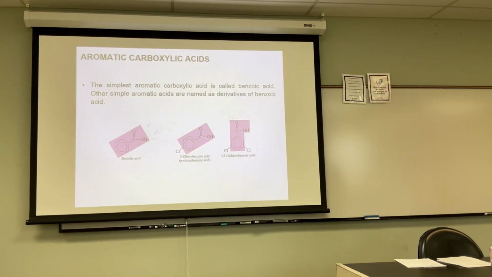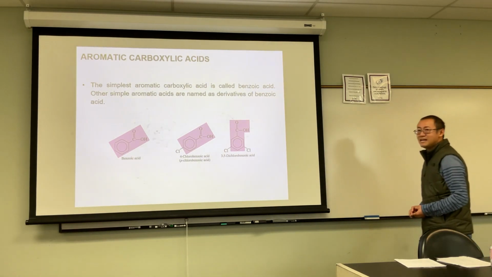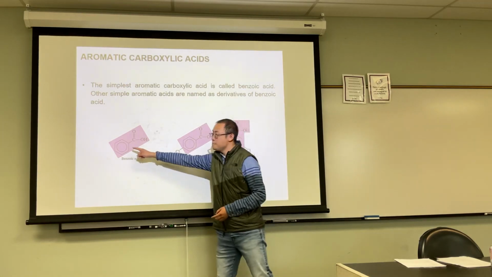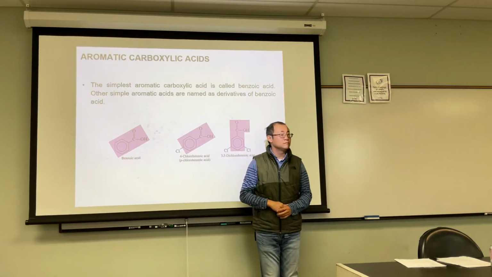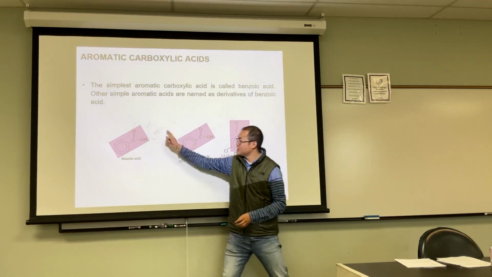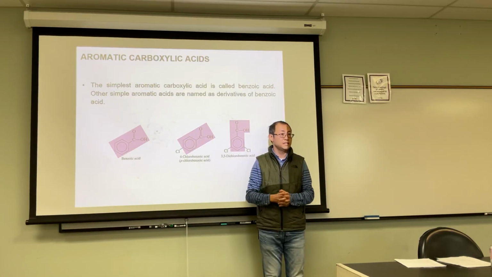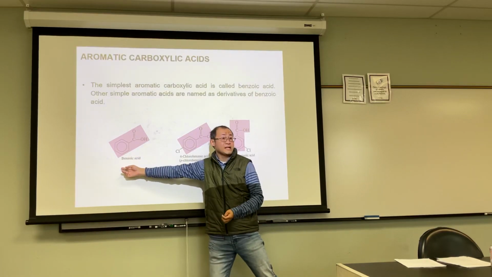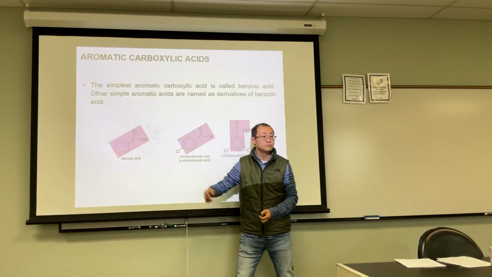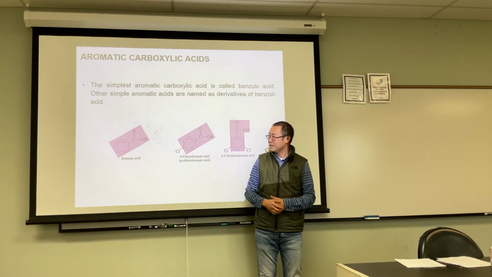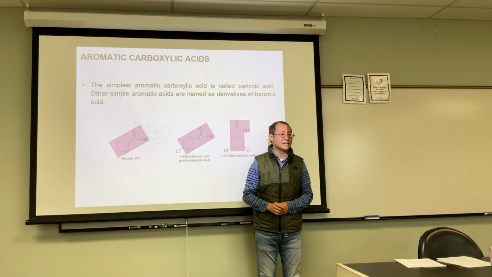Next, if a carboxyl group is attached to a benzene ring, then this whole structure gets a new parent name. You have seen this already in chapter 2. It's called benzoic acid.